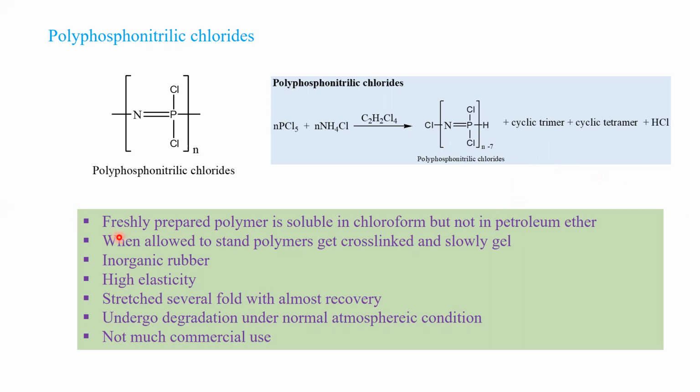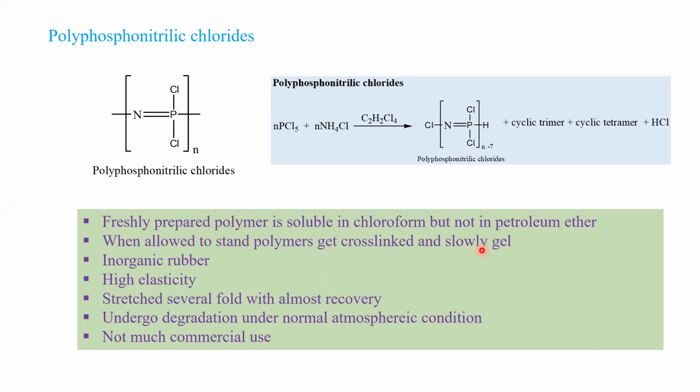Okay. The properties: the freshly prepared polymer is soluble in chloroform but not soluble in petroleum ether. This property is used for the separation of this mixture. When allowed to stand, the polymer gets cross-linked and slowly is converted into a gel form.